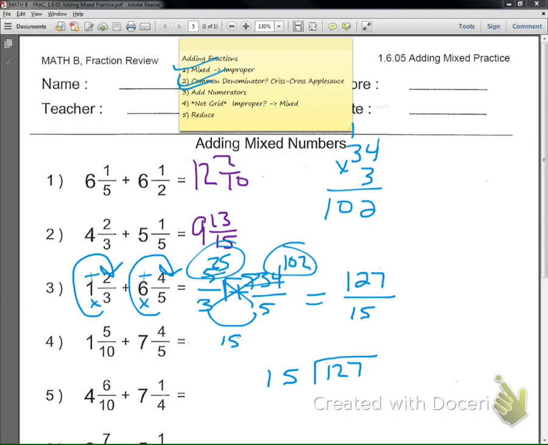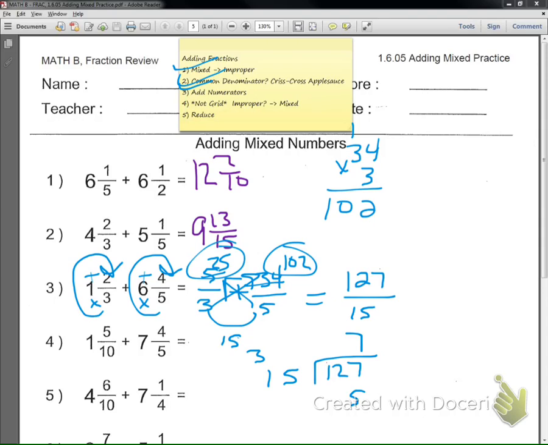Well, let's see. 15 again is close to 20, and I know there's 5 20s, and this didn't really work for me last time, did it? So I underestimated last time. Let's see if I get close here. 5, 6, I'm going to go with about 7 times. 7 times 5 is 35.